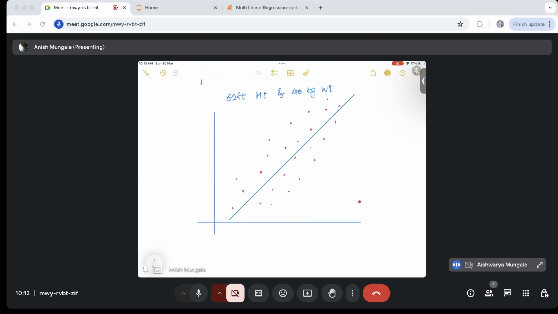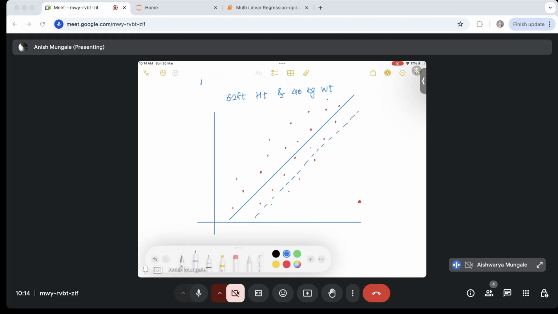So it will either move it to the right or left. Let's say this is the new fitting; it moved the line here, so this is my new fitting after adding the outlier.